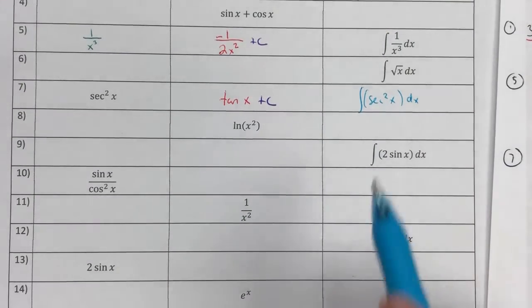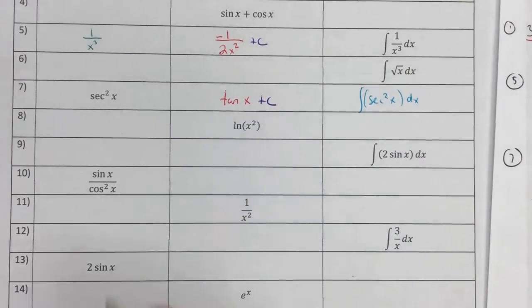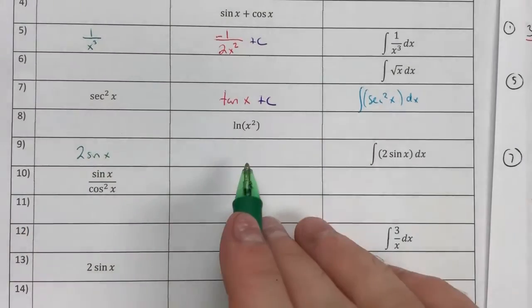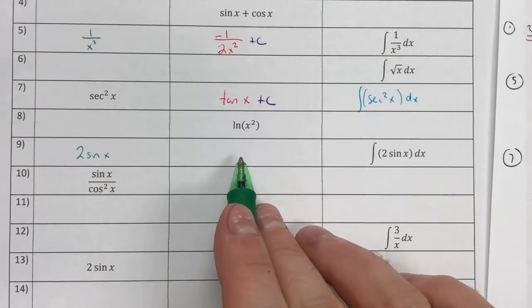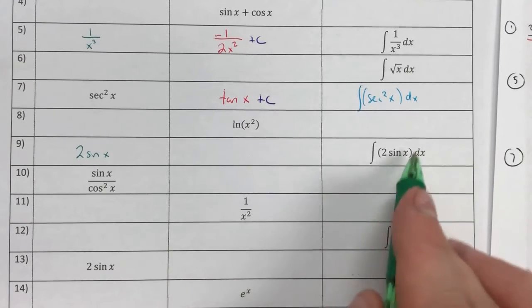Same thing right here. If I take this and say, okay, my integral, I know that is going to be my derivative, is 2 sine x. Go ahead and take a moment, pause, try and figure out what the antiderivative would be of this expression.